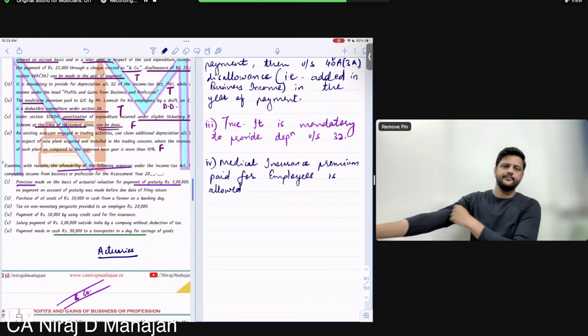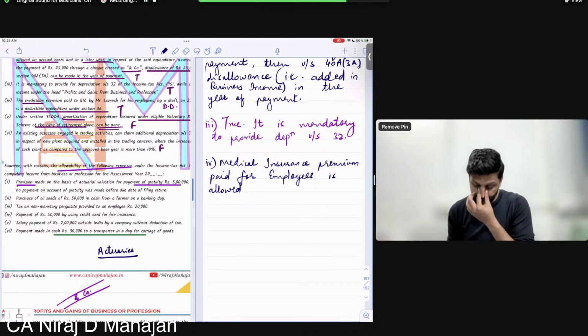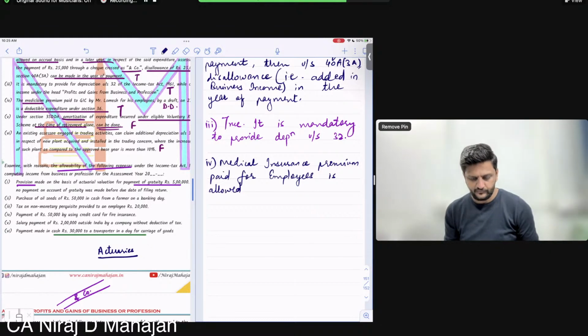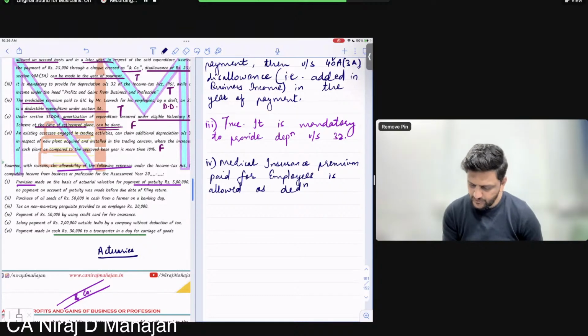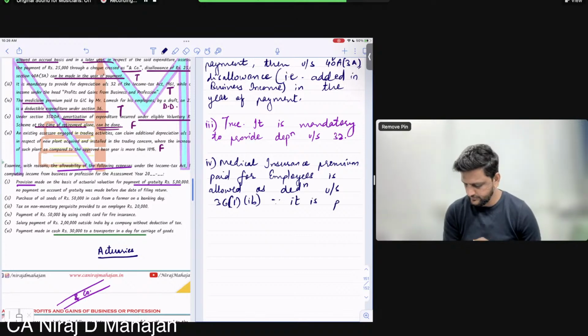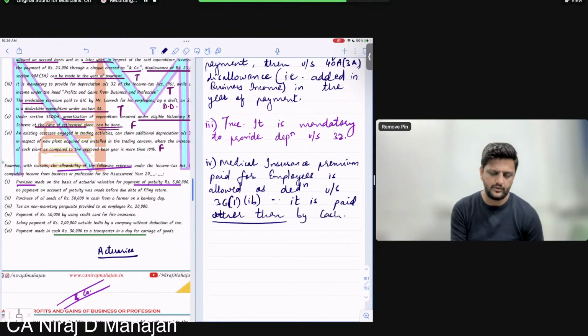Because it is allowed here as deduction, therefore not taxable over there. It is allowed as deduction under section 36(1), since it is paid other than by cash.